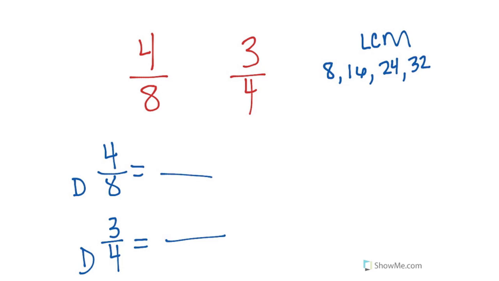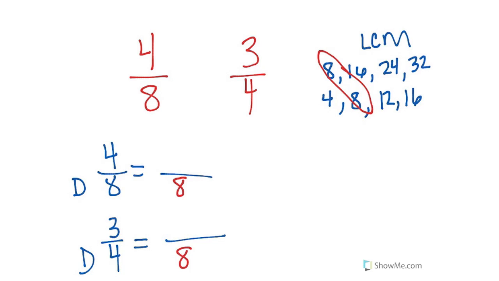All right, let's do the multiples of 4. 4 times 1 is 4. 4 times 2 is 8. 4 times 3 is 12. 4 times 4 is 16, and so forth. But I'm going to stop right here only because, look, I saw something that they have in common. They both have 8, don't they? All right, so I'm going to make my denominator 8.